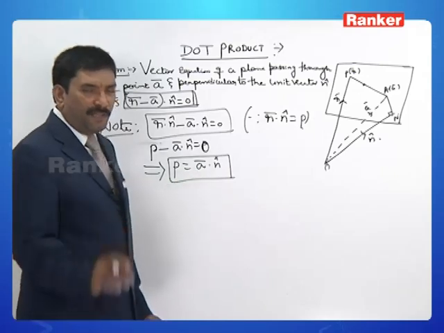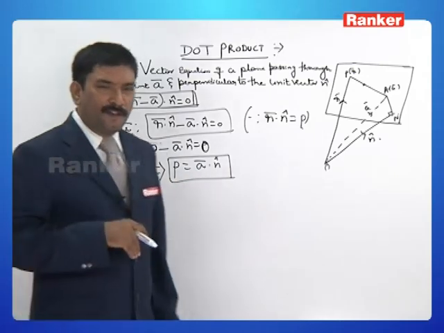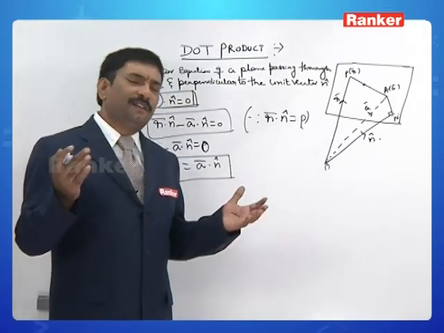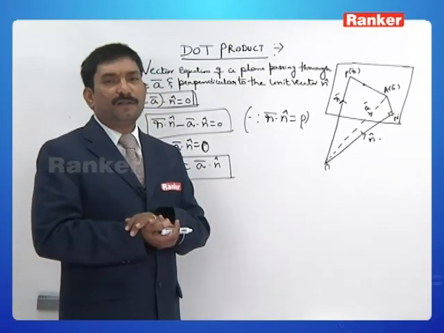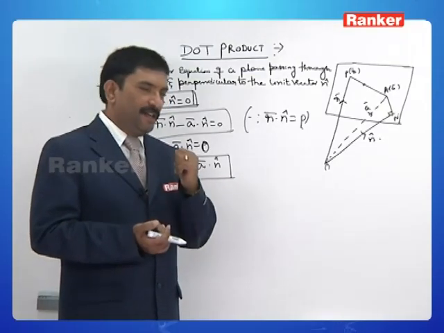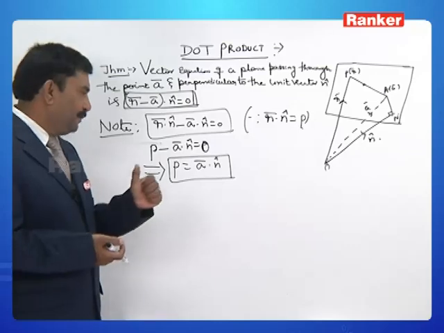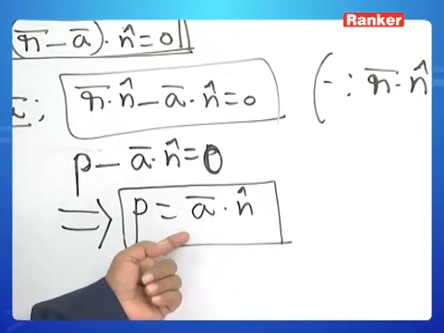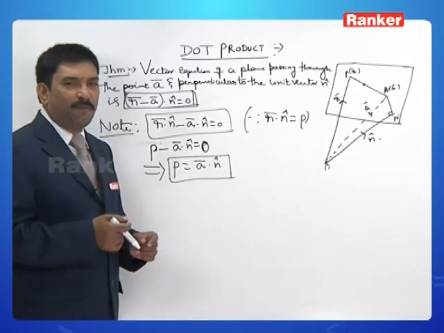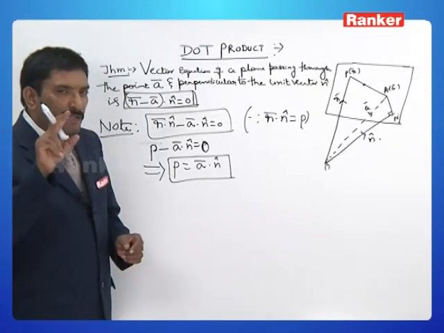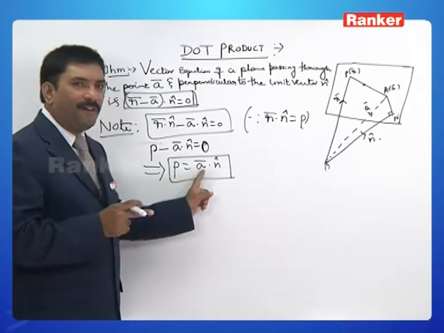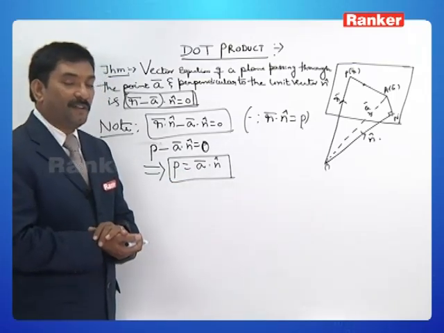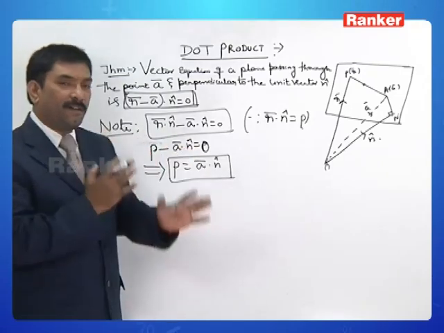So therefore, a very surprising thing here: always we take the dot product between two vectors, whereas in this theorem, A bar is a point and N cap is a unit vector. You are taking the dot product between a point and a unit vector. One must understand this logically in context.